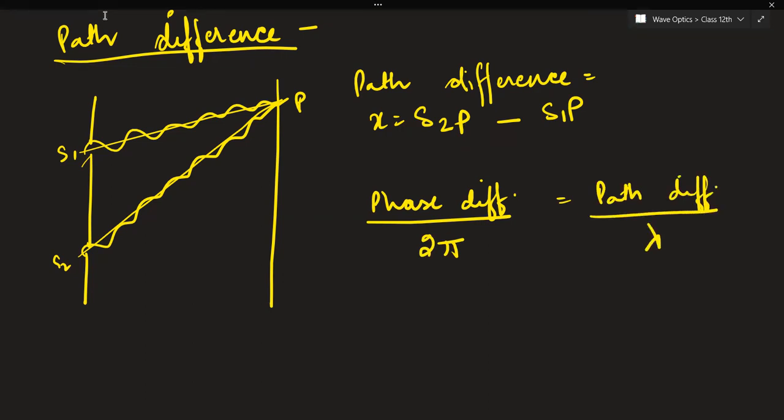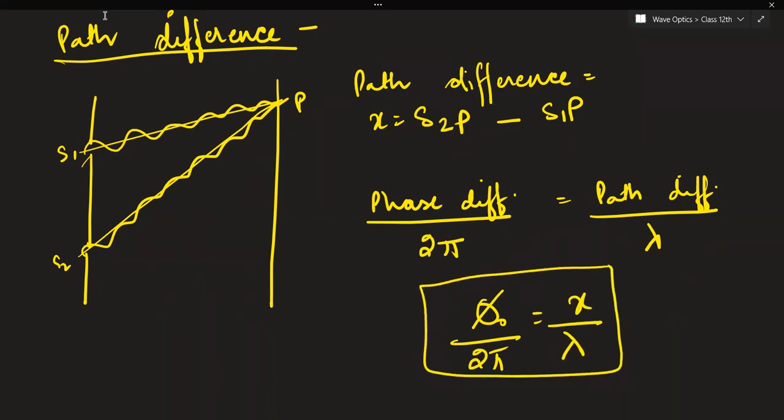Please and please remember this. It means phi naught by 2 pi is equal to x by lambda. Do remember this equation, class. This is a very, very basic equation for your interference, for your diffraction, for any part that you have to solve. Got it?